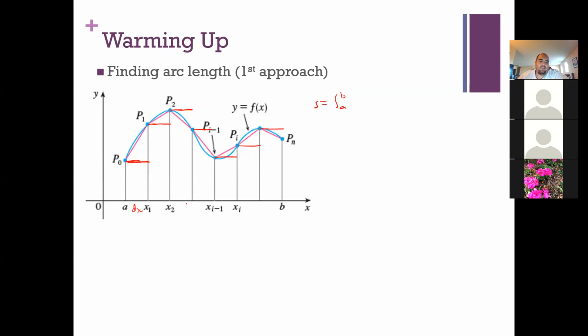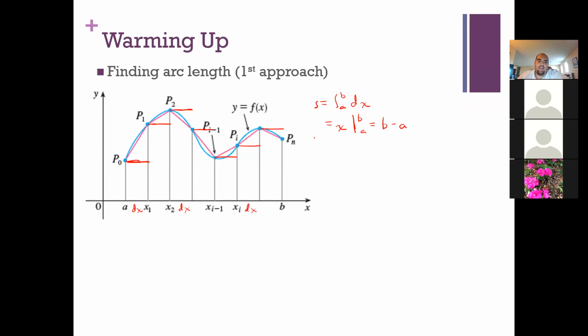So all these are going to be little dx wide intervals. Then basically what I am integrating is nothing more complicated than dx. If I integrate dx, I'm going to wind up with the antiderivative x evaluated from a to b, and that's just going to be b minus a.